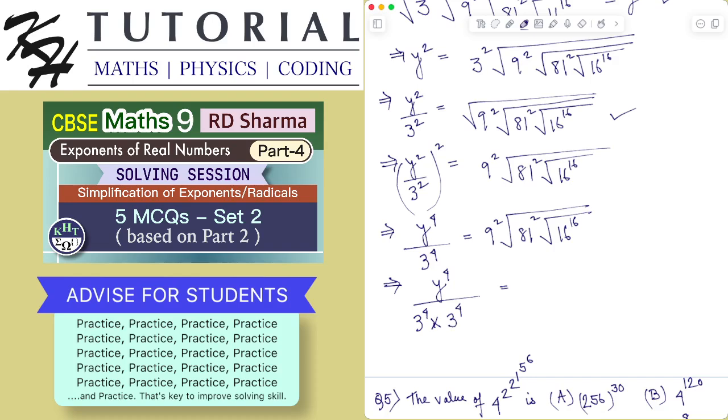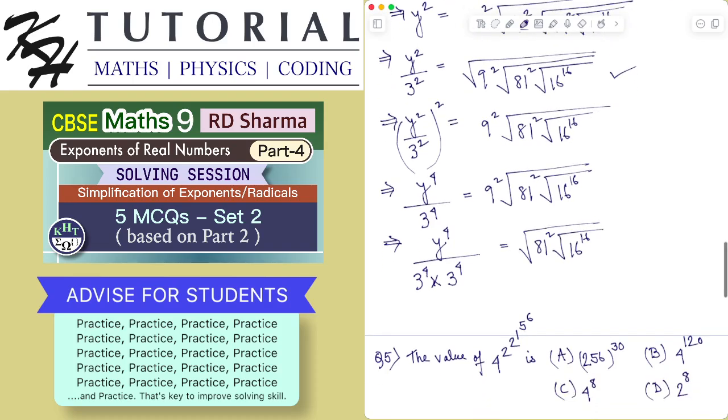This is equal to square root of 81 square multiplied by 16 to the power 16. Now the LHS becomes y to the power 4 divided by 9 to the power 4 is equal to square root of 81 square multiplied by 16 to the power 16.